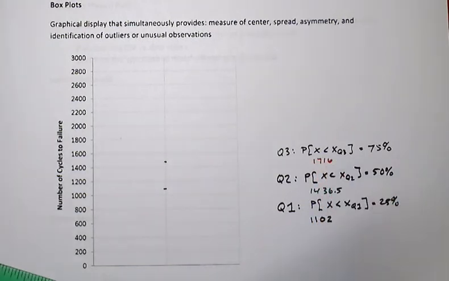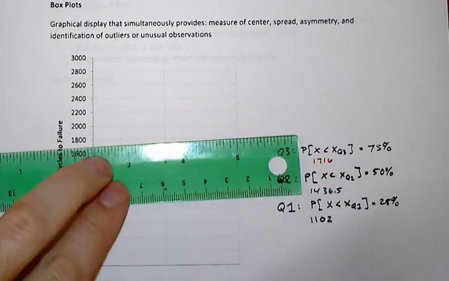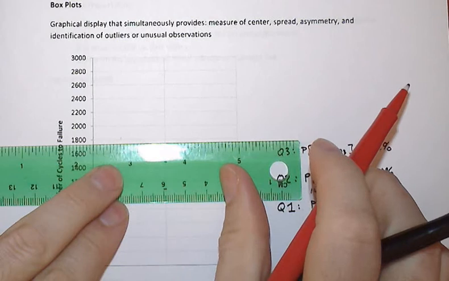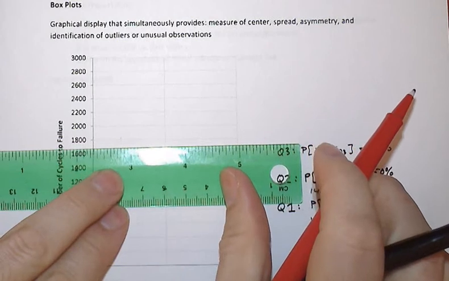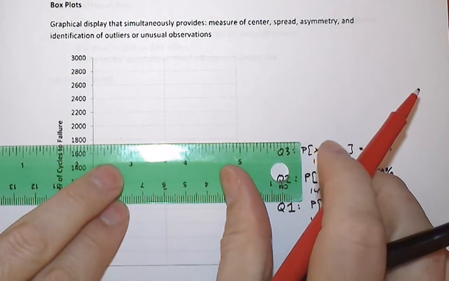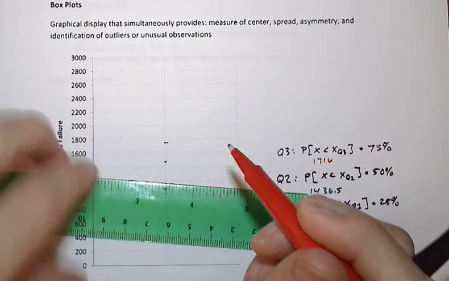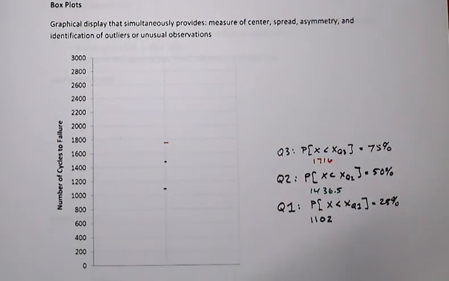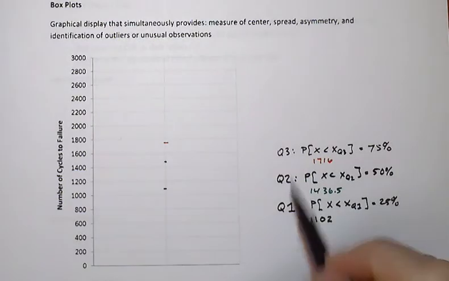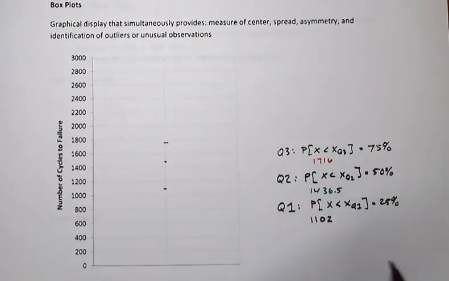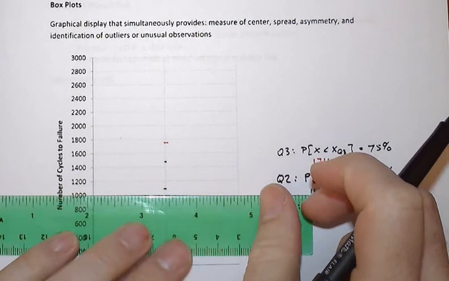So three different values here, and then Q2 is about 300 away, slightly less, from the lower quartile. Right, and it's Q1 and Q3 that are going to define what the limits are of our box.